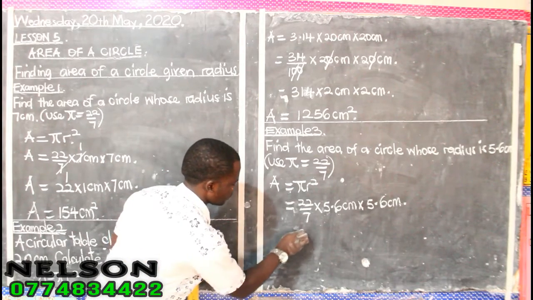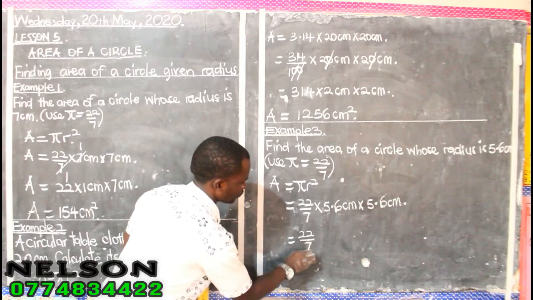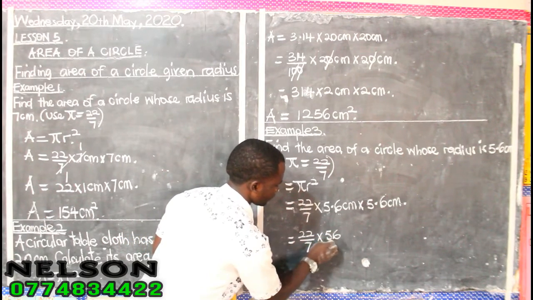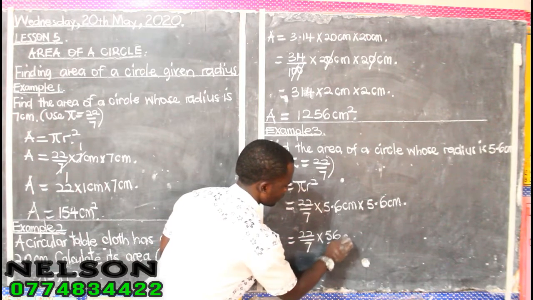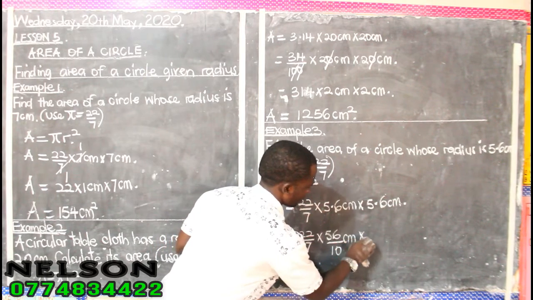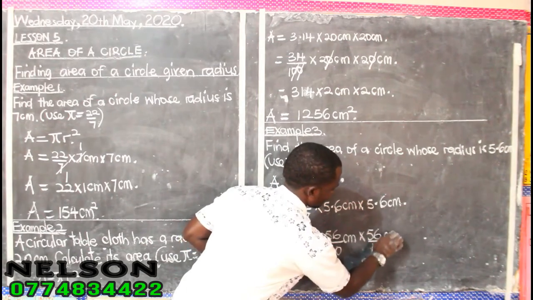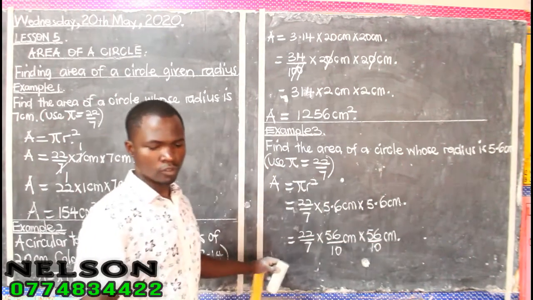Here we shall have 22 out of 7 times 56 out of 10 centimeters times 56 out of 10 centimeters. Let me hope you are watching.